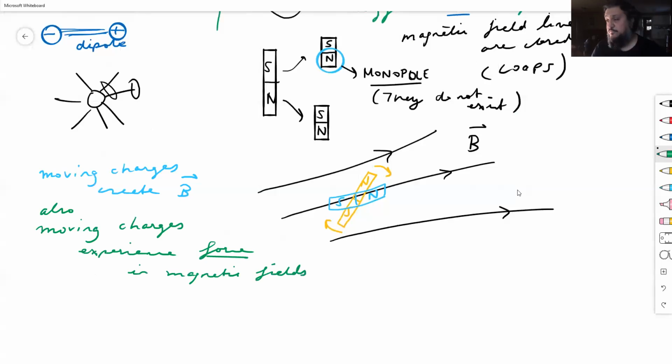But they have to move, okay? These have to be moving in order to experience this force. For electric field, we didn't have that condition. A stationary electric field and stationary charge would interact. If you want to have a force on a charge in a magnetic field, the charge has to move. And that's also an experimental fact.